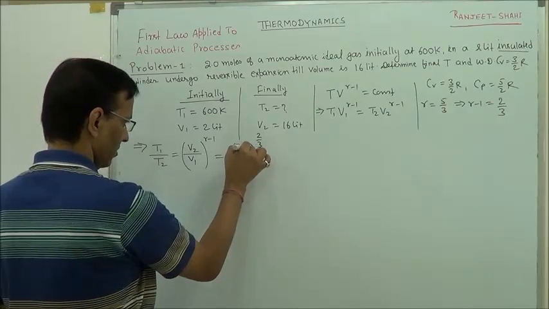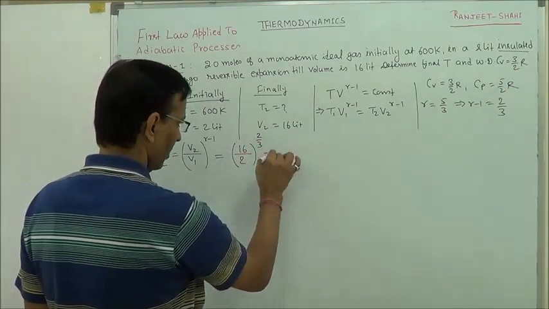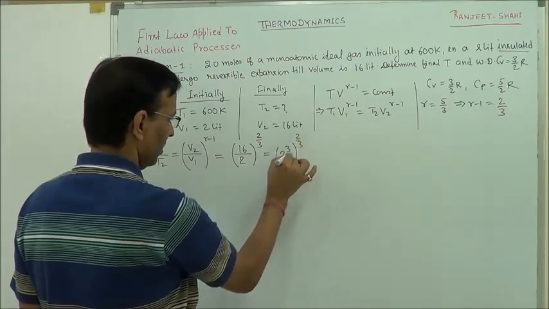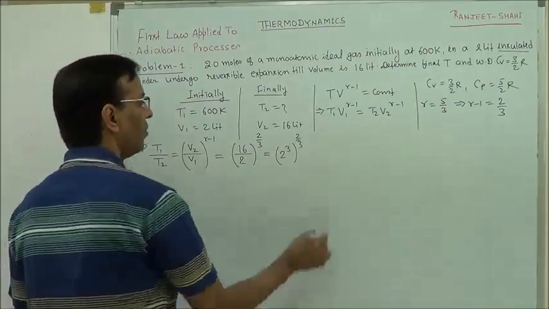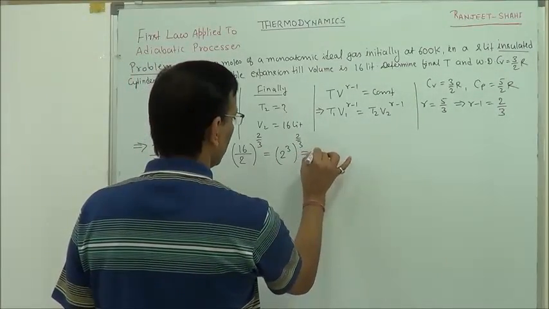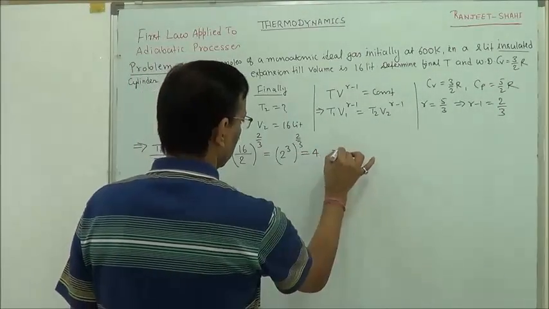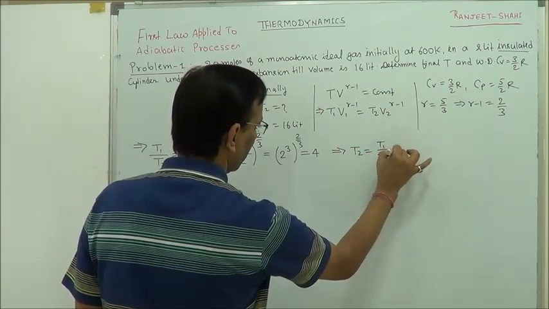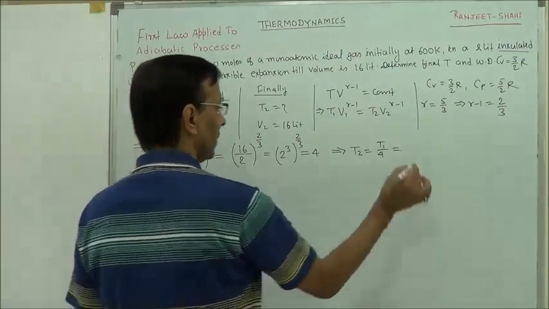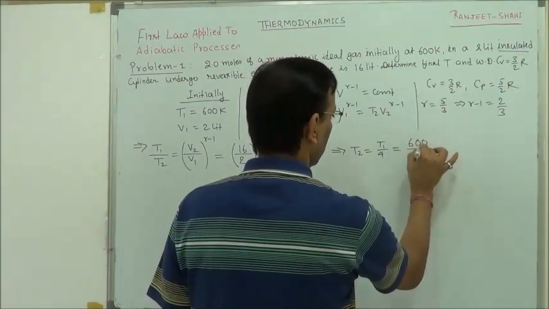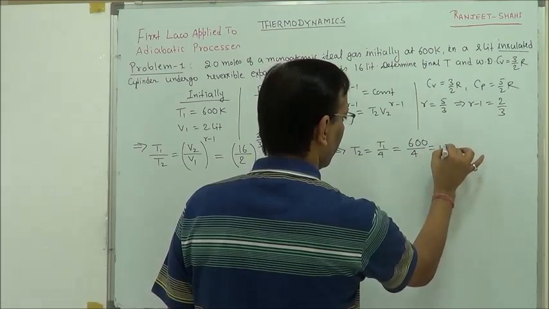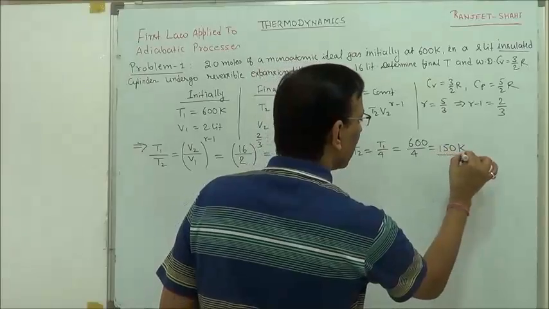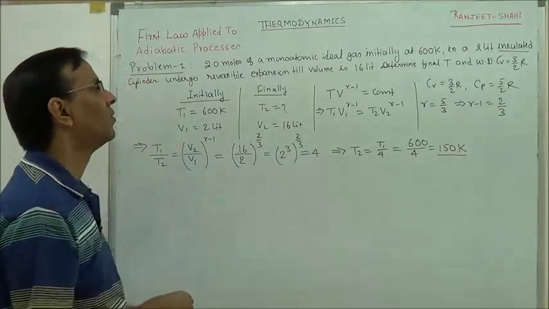It is 8. So 8 can be written as 2 raised to the power 3, that whole raised to the power 2 by 3. So 3 will cancel off, giving 2 raised to the power 2. So it is 4. Therefore T2 will be T1 by 4, which is 600 divided by 4, 150 Kelvin. This is our first result, final temperature.